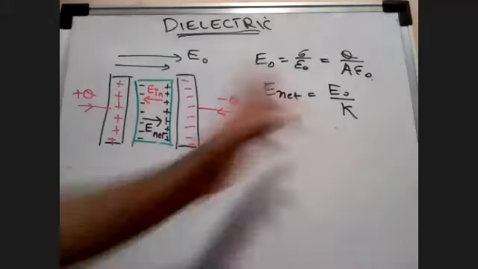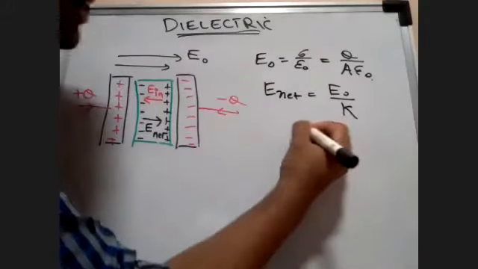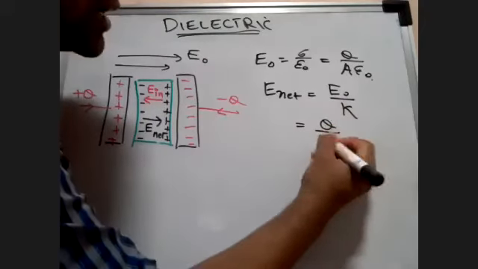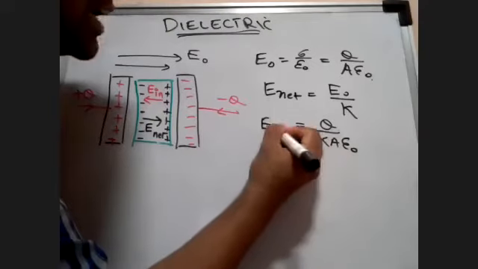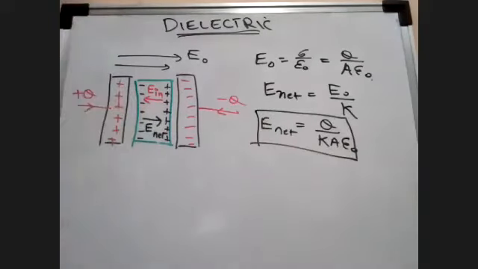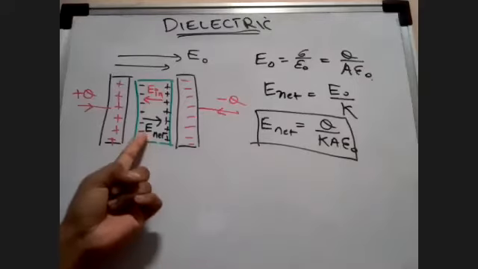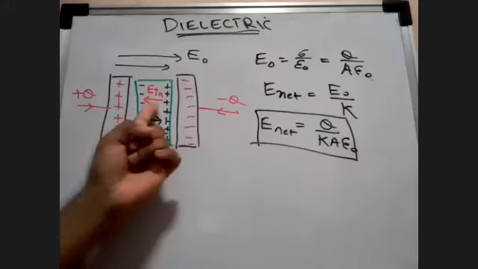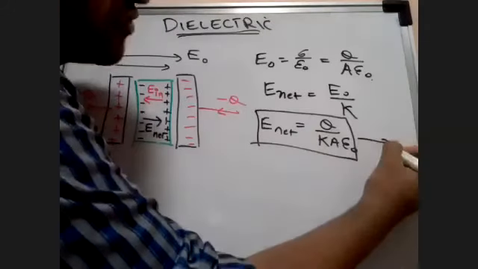So E net is 1 by k into E naught, which is simply Q upon k A epsilon naught. This is going to be my first expression, the electric field due to the interaction of the external field and the induced field.